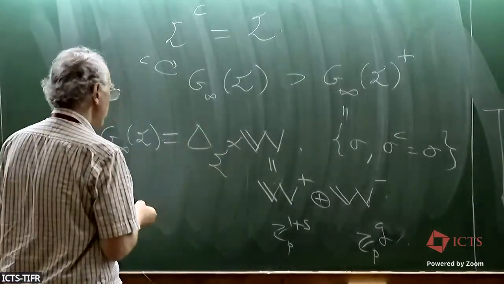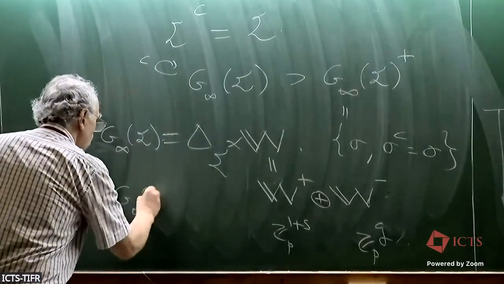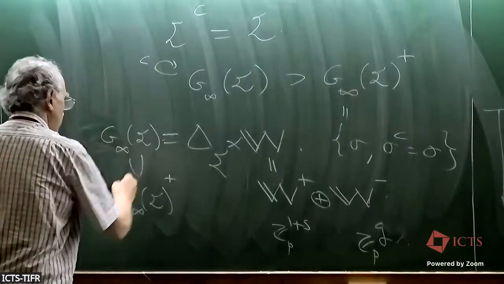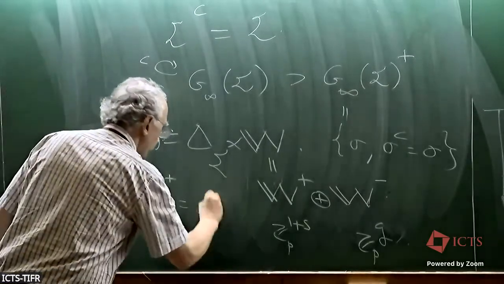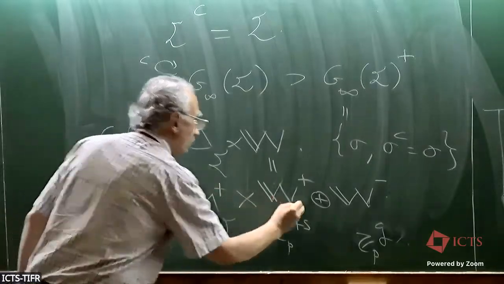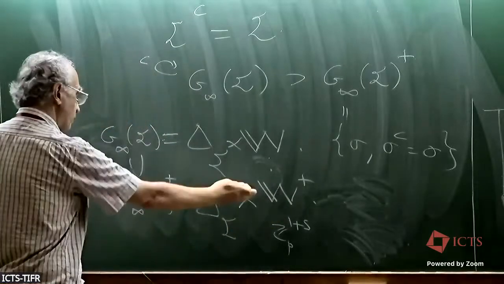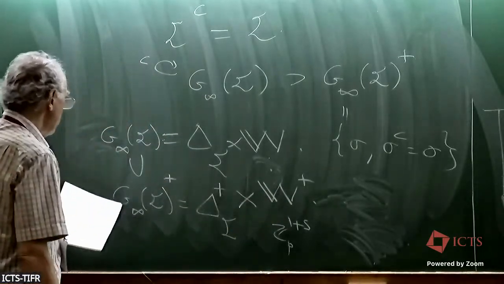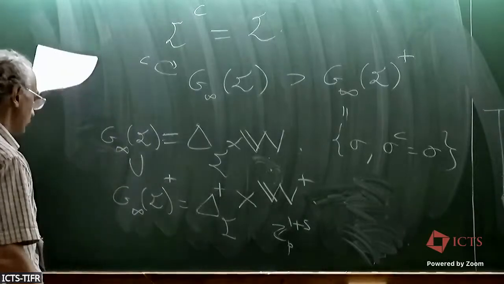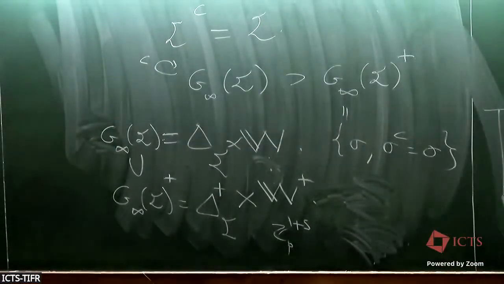So we consider the sub G infinity plus. It's a sub. It's not a factor, but there is a decomposition like this for the plus part. The plus part can be decomposed like this. And now we consider the quotient, and that will be the anticyclotomic quotient.